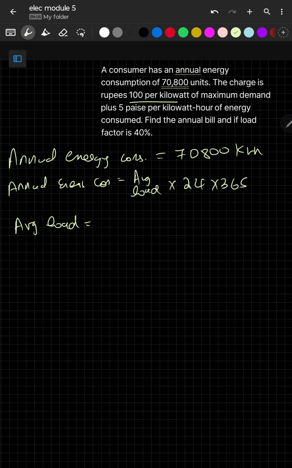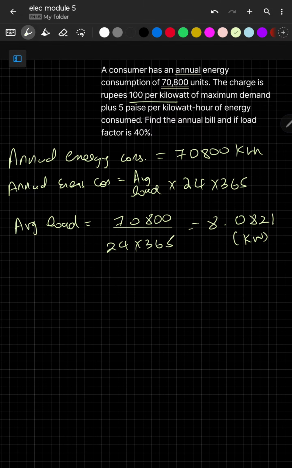Average load is equals to 70,800 by 24 into 365. That is equals to 8.0821. This is given in kilowatt.